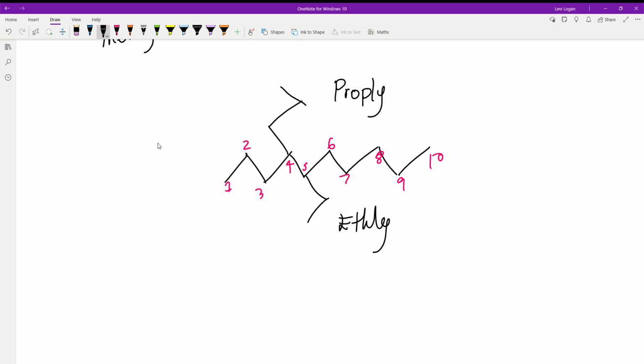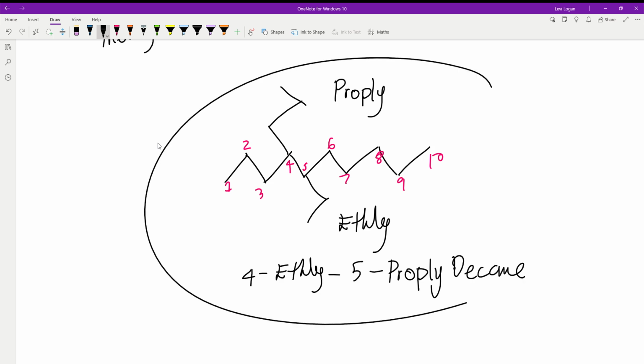Cool, because you could name it, yeah, so this one here, sorry, I just had a mind blank. So this one here would be 4-ethyl, 5-propyl, and the longest chain would be 10, so it would be decane. Okay, and that's how you name this guy here.